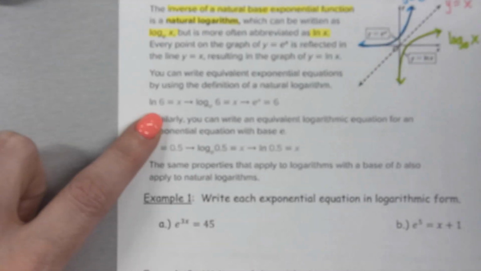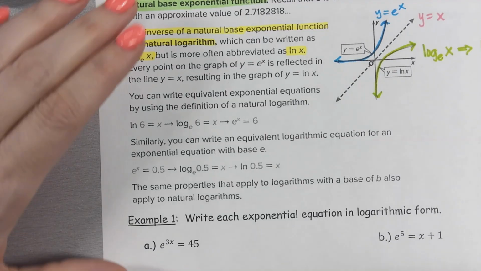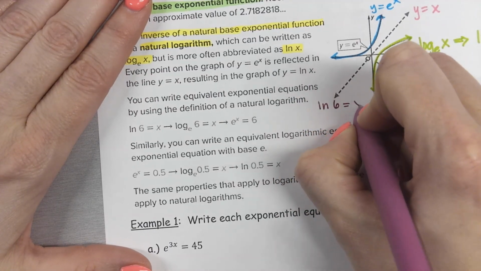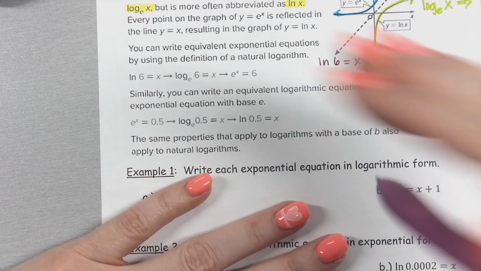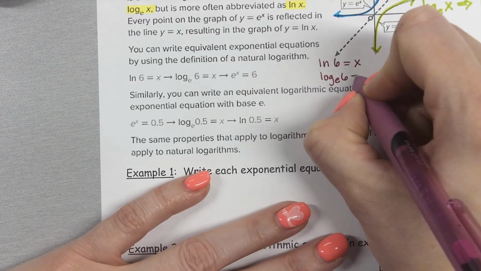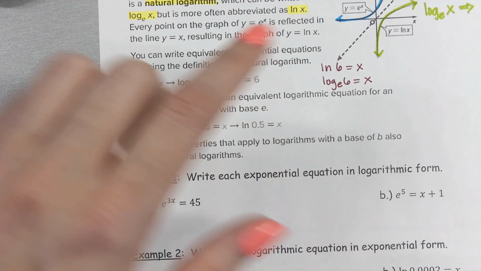I know sometimes that is hard to process, so we're going to write this out in a different way. If you have the natural log of 6 and it is equal to some value, we'll call it x, what this is telling you is the natural log is the same thing as log base e. This is what we talked about this week.